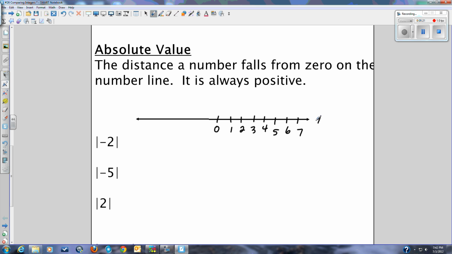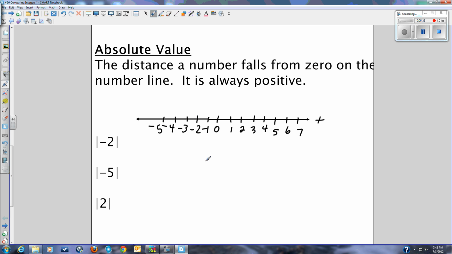Here are my positive numbers, and negative numbers go to the left. And I'm going to run out of room, but you get the idea here.